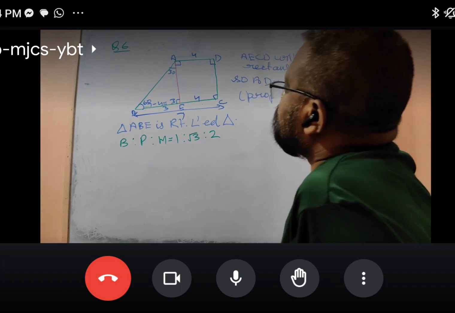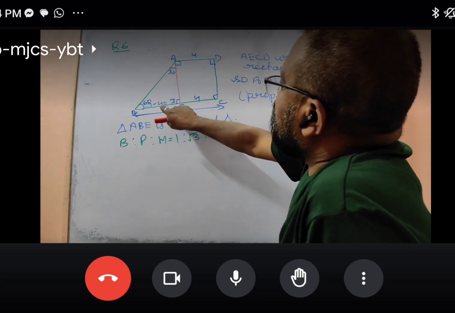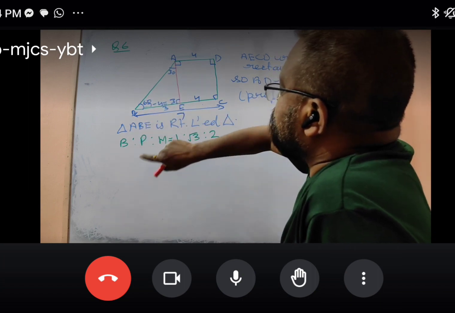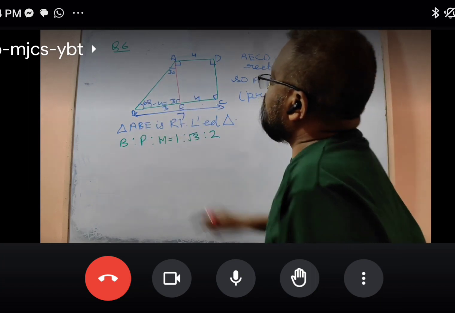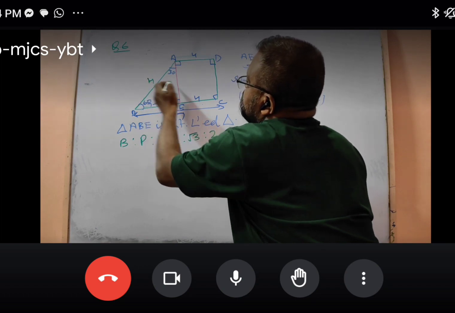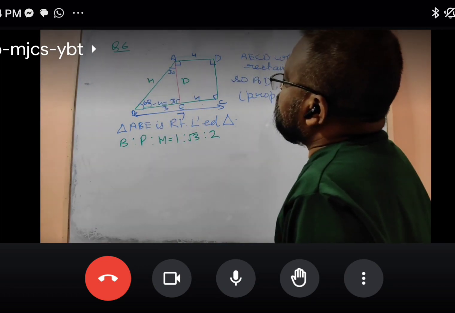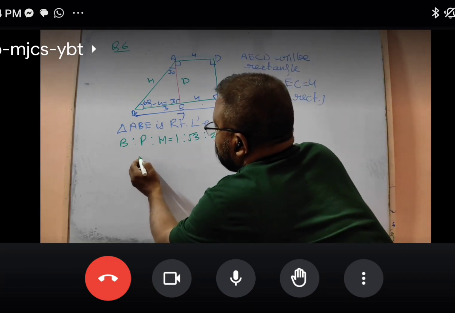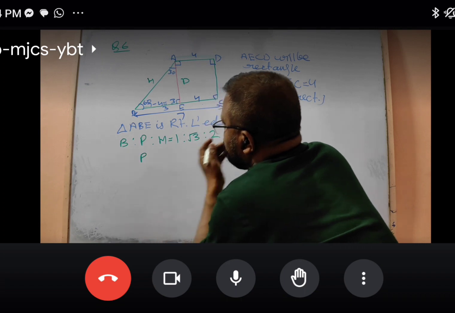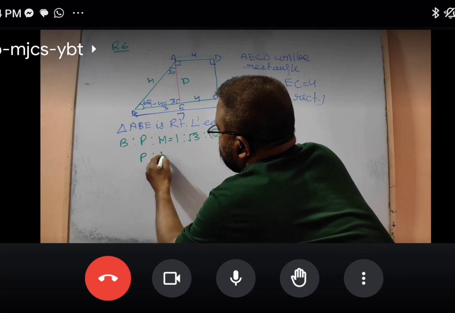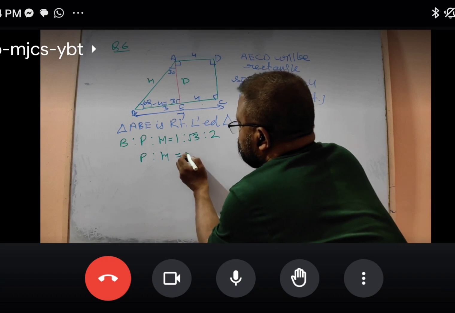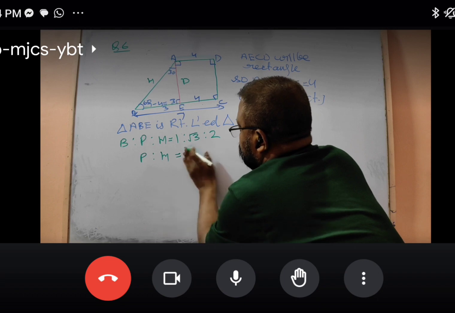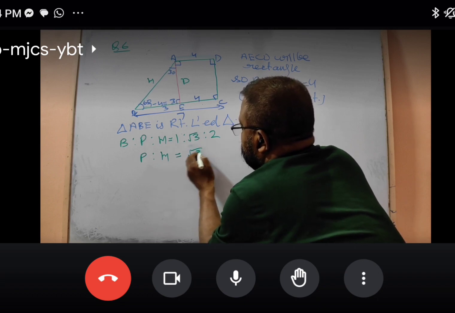So now, 60 degrees is given, so we can get this is the hypotenuse, this is the perpendicular. Fine. So we can get the ratio of perpendicular to hypotenuse is equal to root 3 ratio 2.